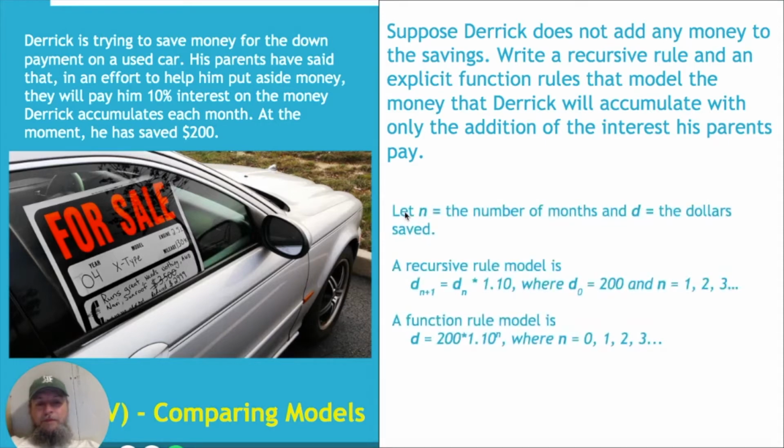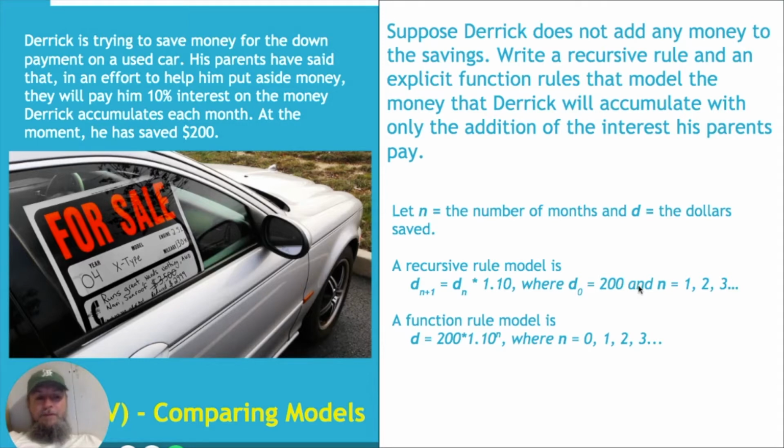So if N is the variable that is the number of months, and D is the variable used for the dollars saved, the recursive rule model is D subscript N plus 1, the next value of dollars after a month, equals D subscript N, the dollar amount that was in there already, times 1.1, where the initial value of dollars, D subscript 0, is 200. And N increases by 1 every month.